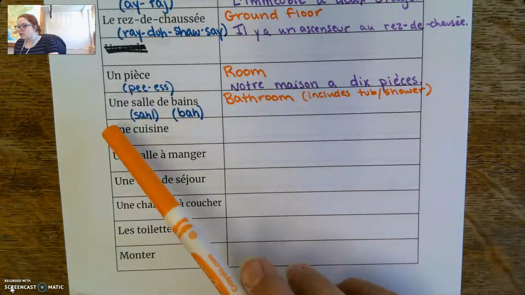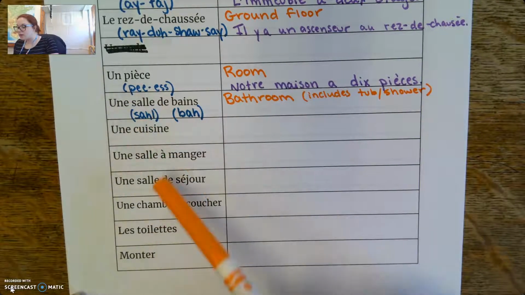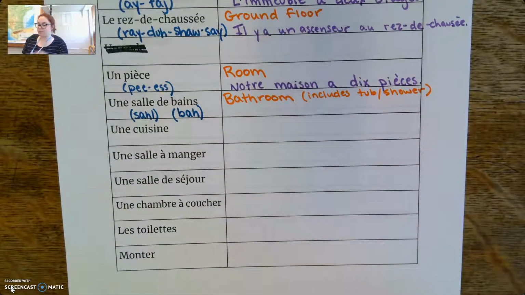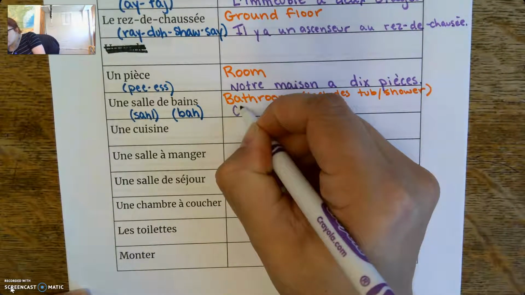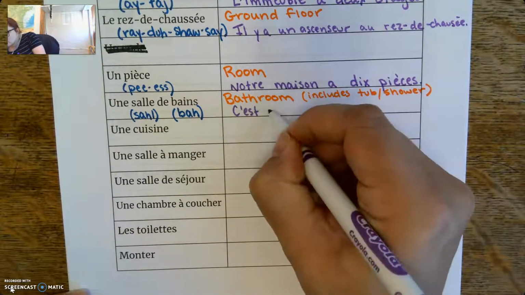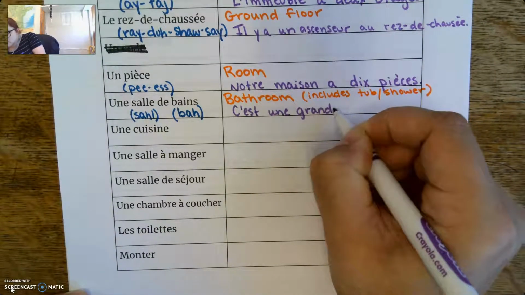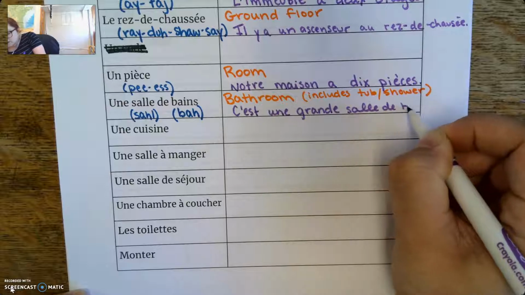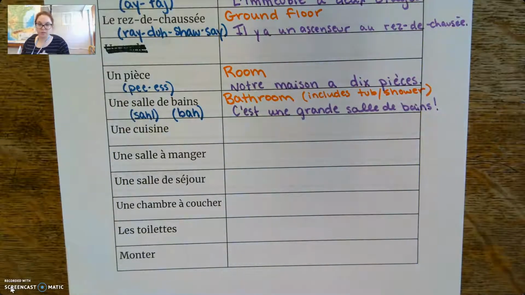So this literally means a room of bath. So that's where we get that bathtub or the shower in more modern houses. So I might say, c'est une grande salle de bain. It's a huge or big bathroom.